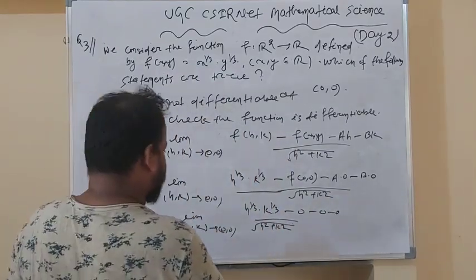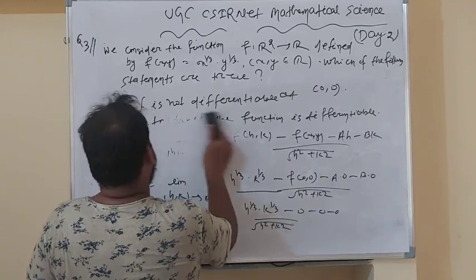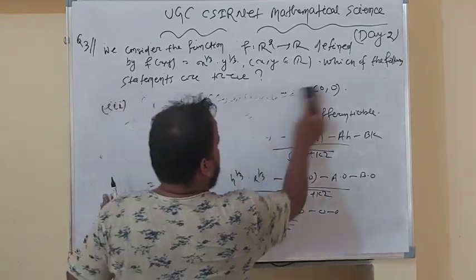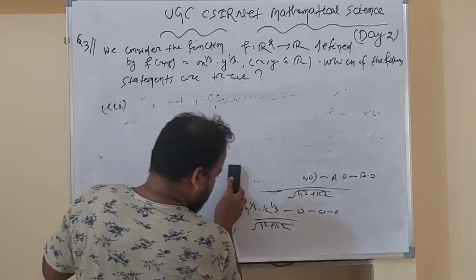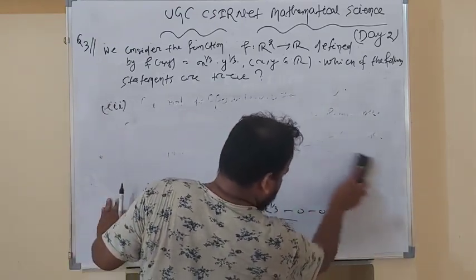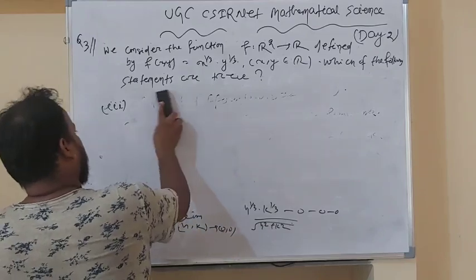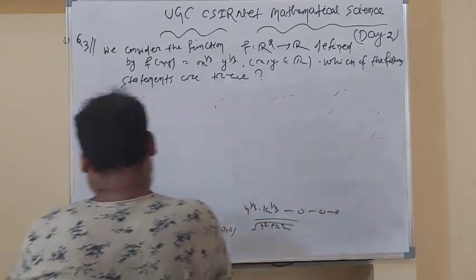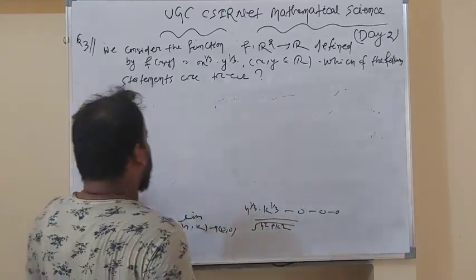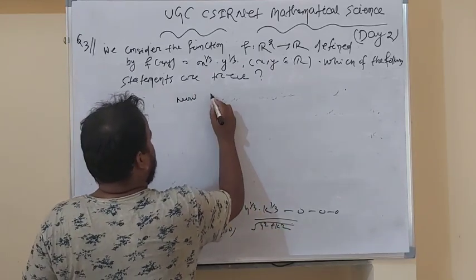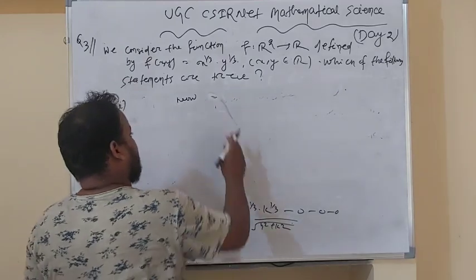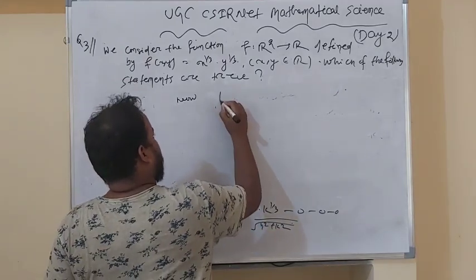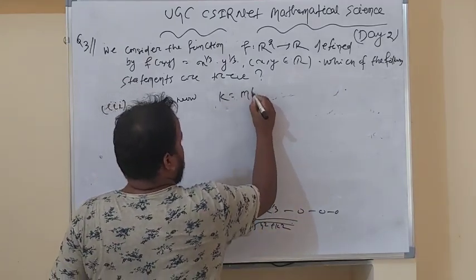Now taking this first, we consider k equal to m h, that is y equal to m x.